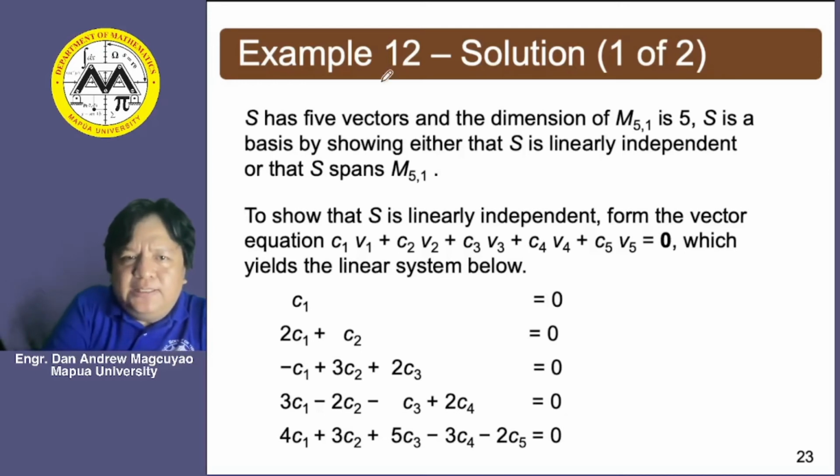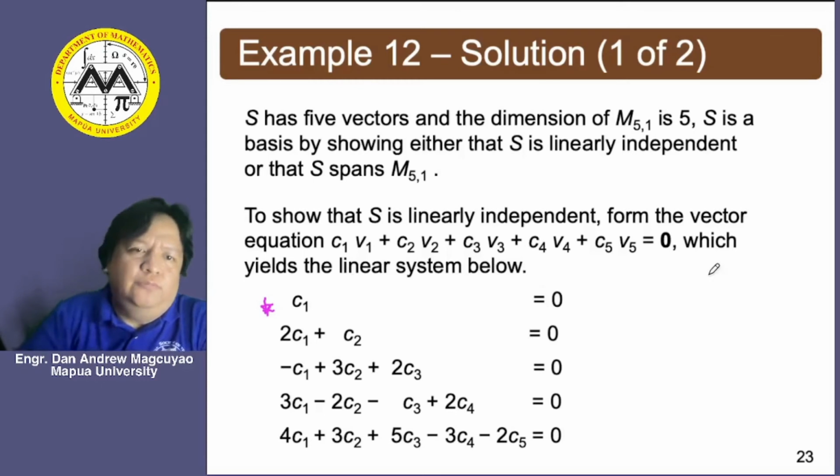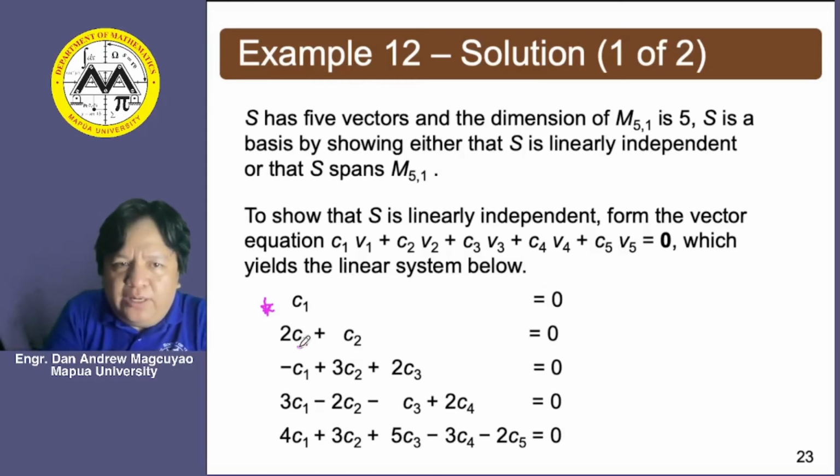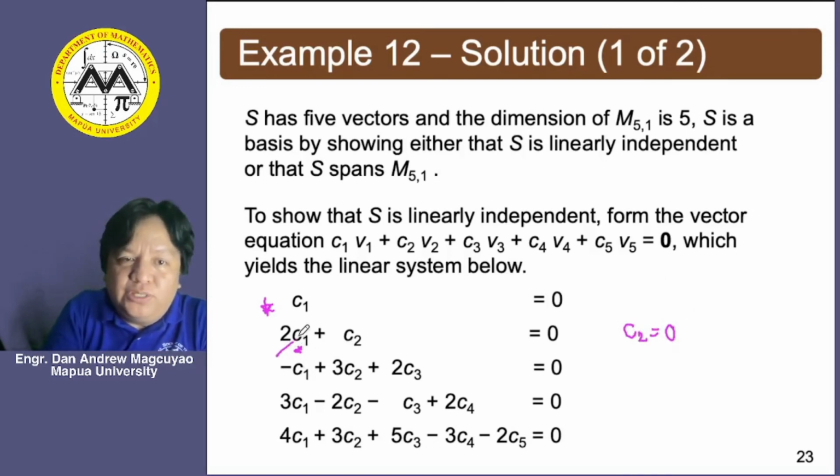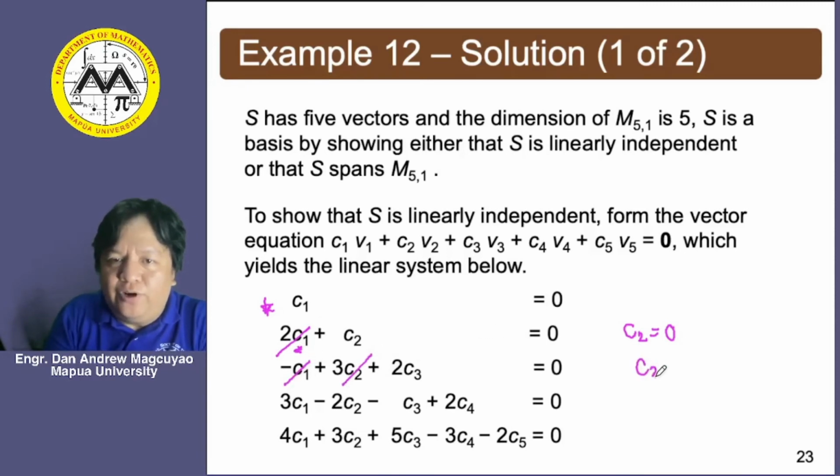Now, from this equation, c1 is equal to 0. If c1 is equal to 0, then automatically we can say that c2 is 0. Take note that c1 is 0, c2 is 0, so therefore c3 must also be 0. c1, c2, c3 are 0, so therefore c4 is also 0.